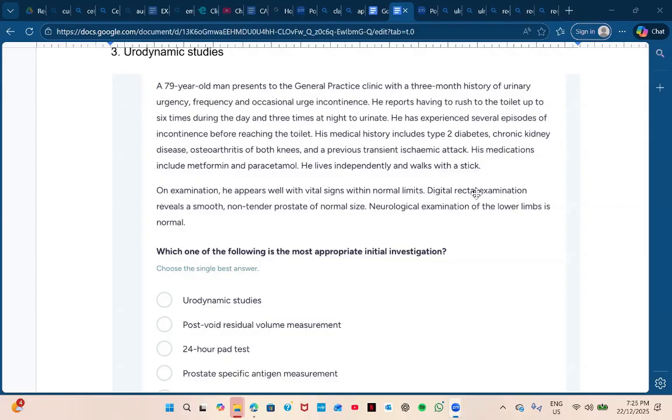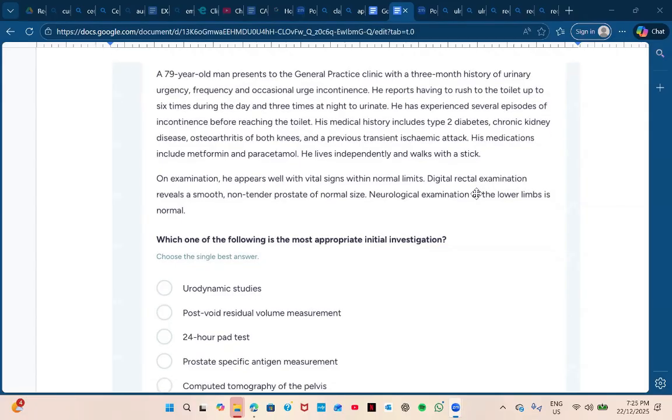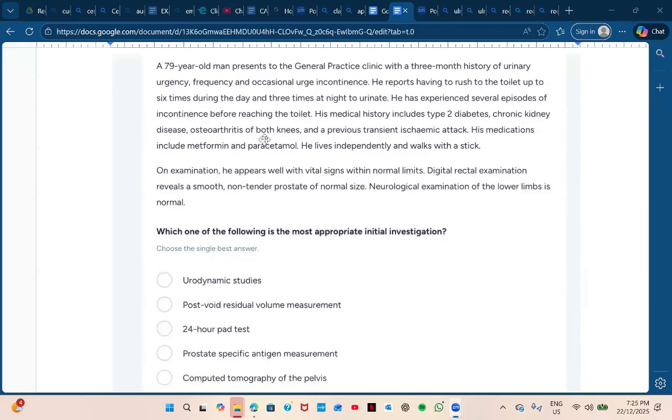He has experienced several episodes of incontinence before reaching the toilet. His medical history includes type 2 diabetes, chronic kidney disease, osteoarthritis of both knees, and a previous transient ischemic attack. His medications include metformin and paracetamol, and he lives independently and walks with a stick.